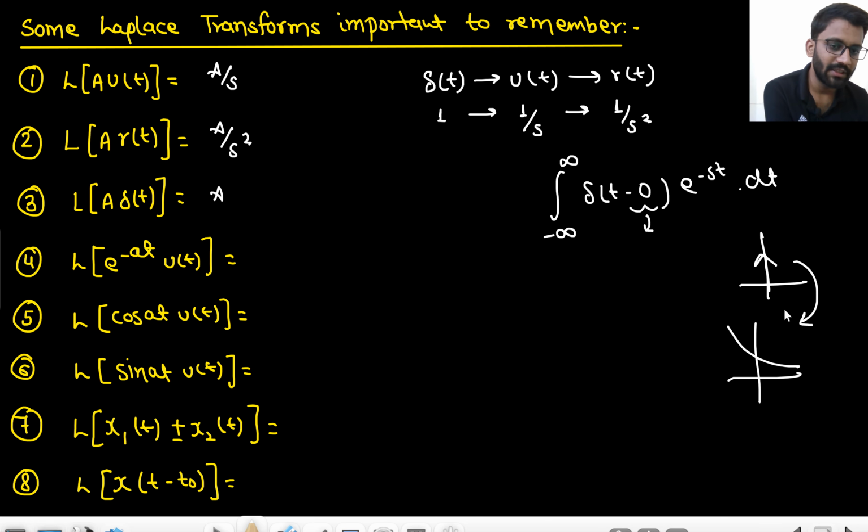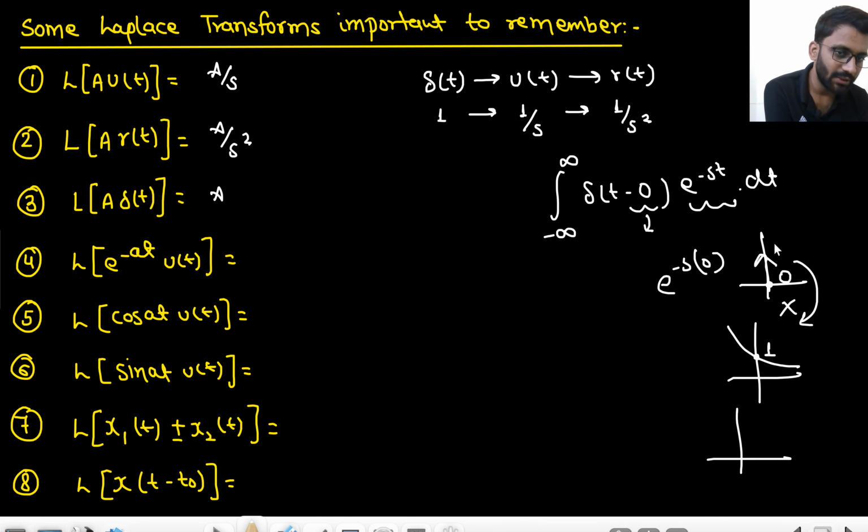Now if we multiply these two, only the value will come. Why assume the value here? It is 1 only, right? I am just putting 0 in this function, because it was defined at t equals 0 only. So if I put e to the power minus s into 0, I will get this value.